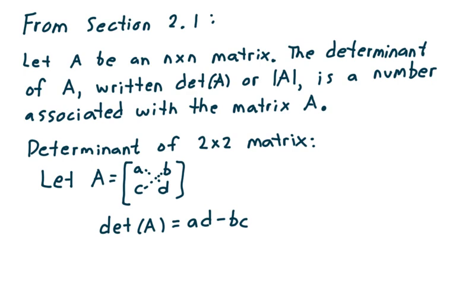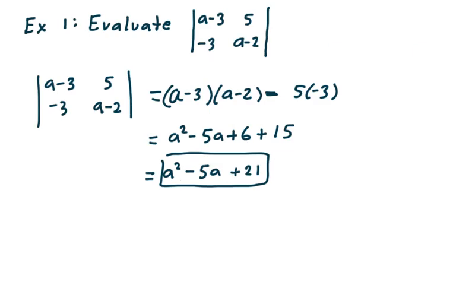And with that, let's take a look at example 1. Suppose I ask you to evaluate the determinant of the matrix with A minus 3, 5, negative 3, A minus 2. So in other words, the entries in the first row are A minus 3 and 5. The entries in the second row are negative 3, A minus 2.